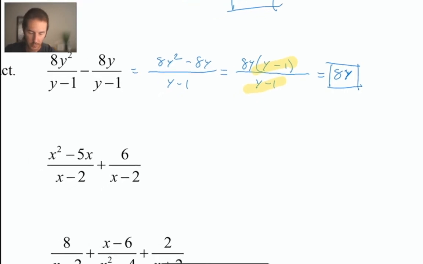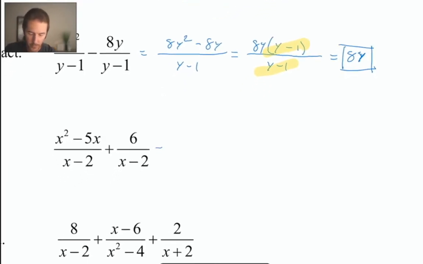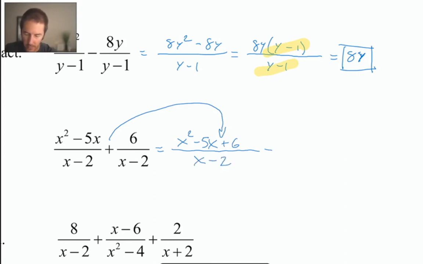In our next problem, the common denominator is already there, so I'll keep the x squared minus 5x. I'm going to take this plus sign and drop it in right here, plus my second numerator of 6, all over the common denominator which was already there. And then, are you wondering what I'm wondering? Can I factor this numerator and maybe reduce it with the denominator? Could be. Let's see if we can factor it.